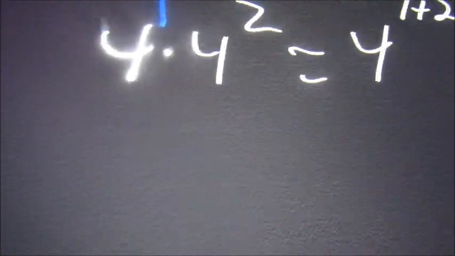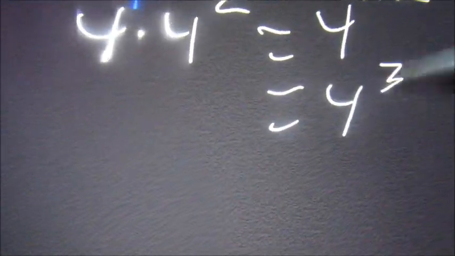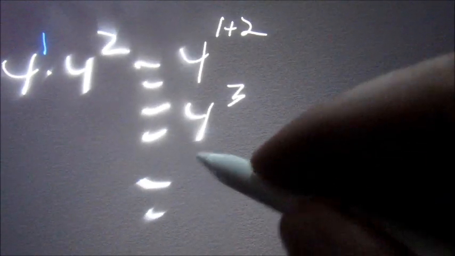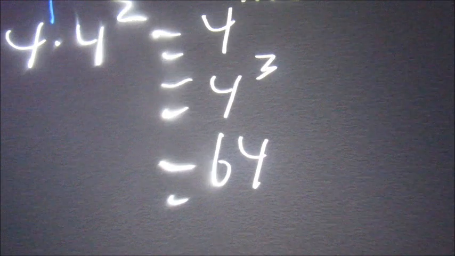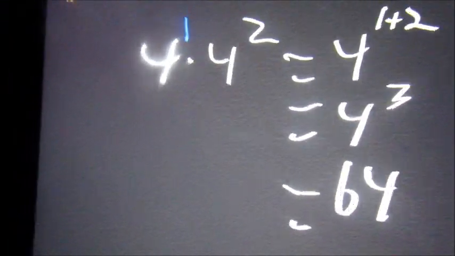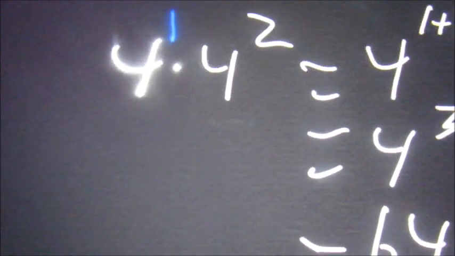So this is going to be 4 to the 1 plus 2 equals 4 to the 3, which equals 64. When there's no exponent, it's an implied 1. Remember to always do that. You're going to usually see that with x's, or y's, or whatever variable we have.